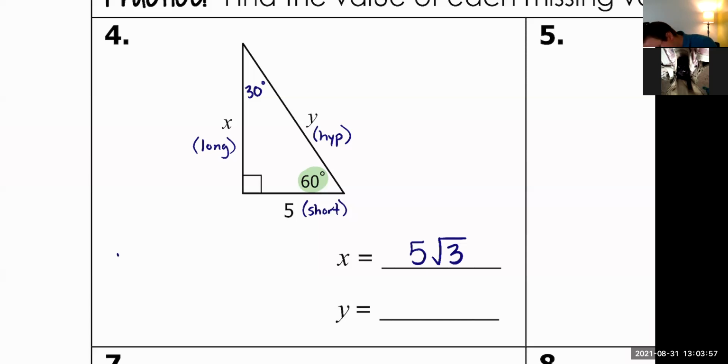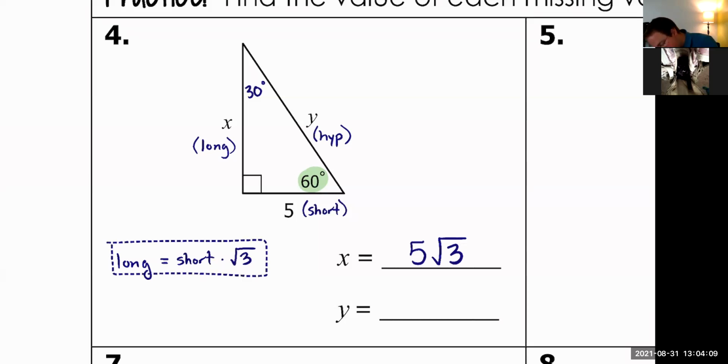So off to the side here, long equals the short times the square root of 3. And then to find the hypotenuse, we're going to take the short leg times 2 to get 10.